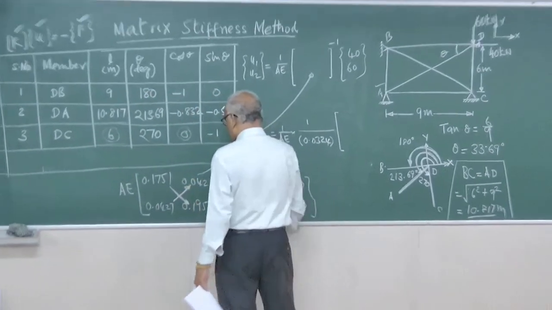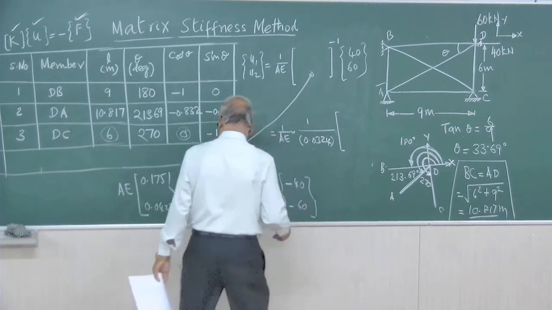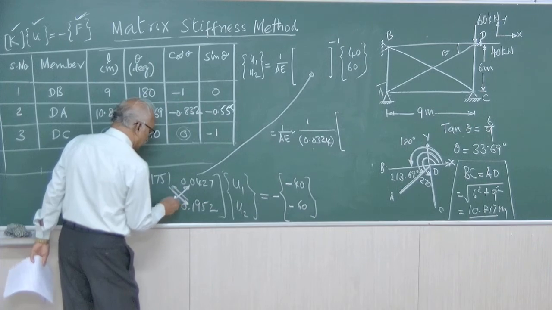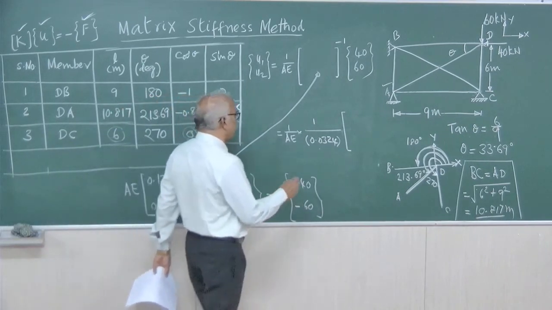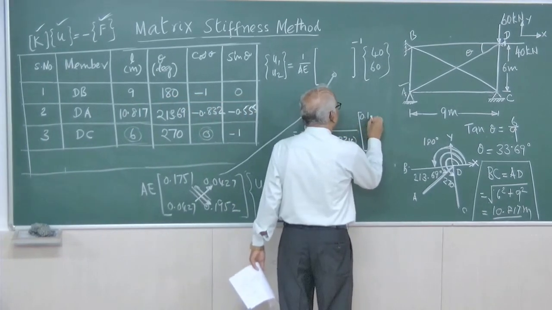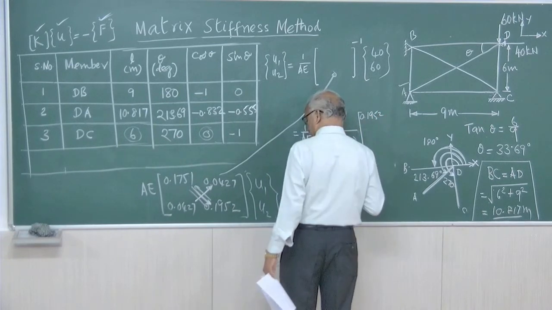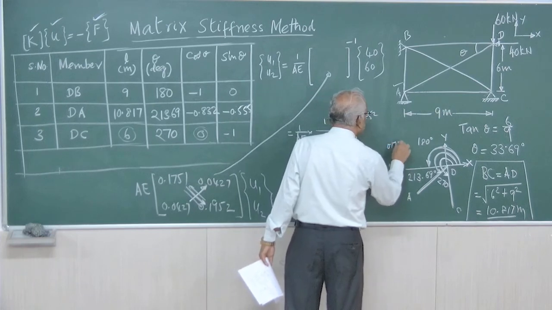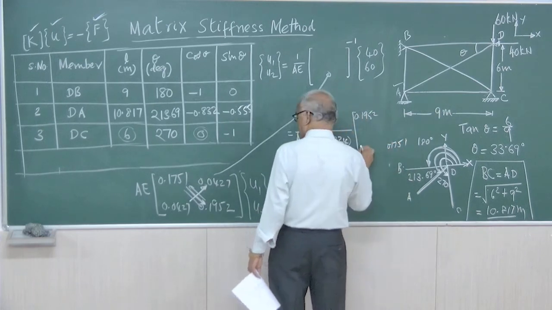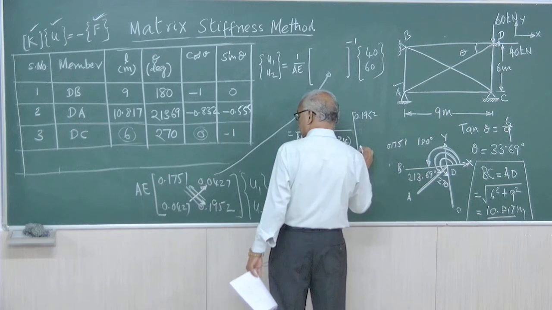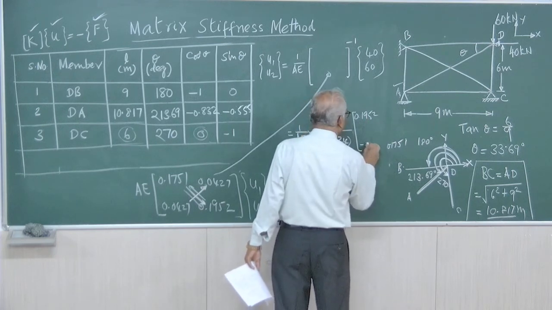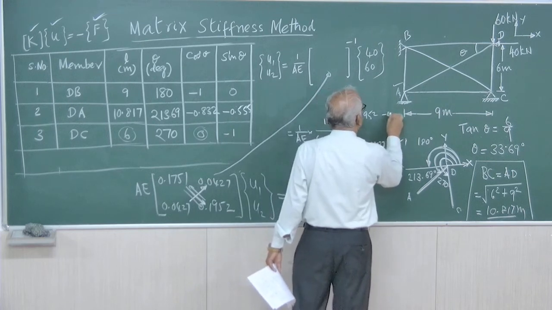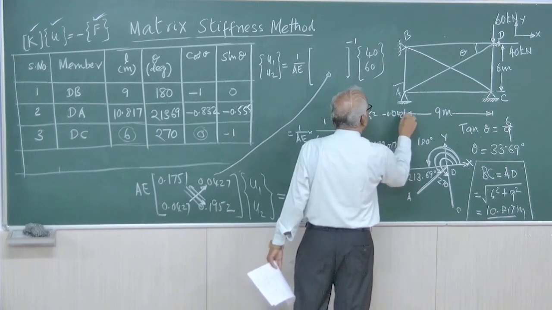And here, this value will go here and this value will come here. Namely, this will become 0.1952 and this will be 0.1751. These two will get the sign changed: minus 0.0427, minus 0.0427.